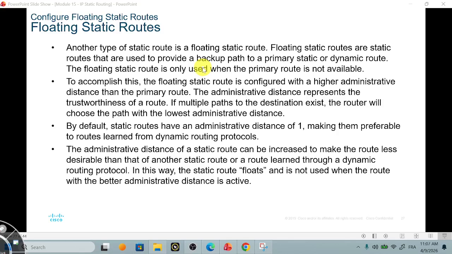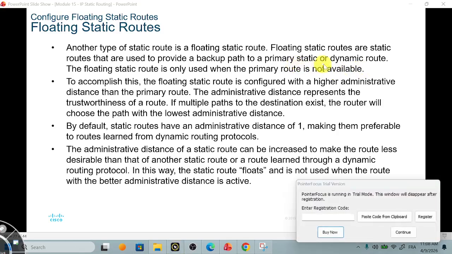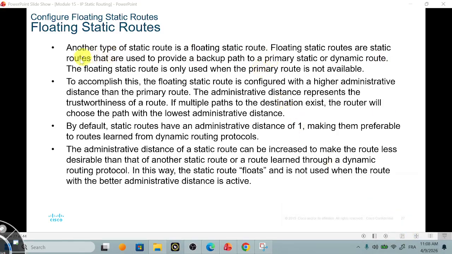So they serve as a backup. The floating static route is only used when the primary route is not available. So when the primary static or dynamic route is not available, the router will use the floating static route.